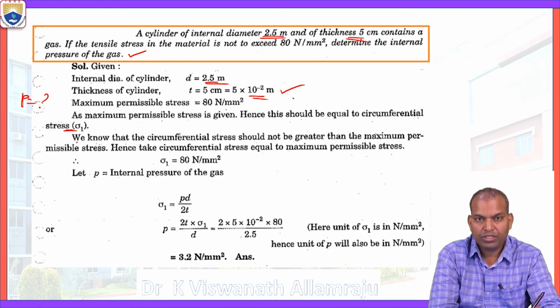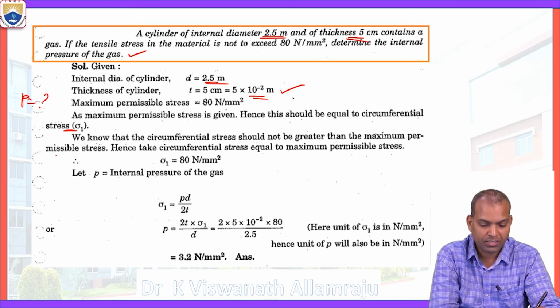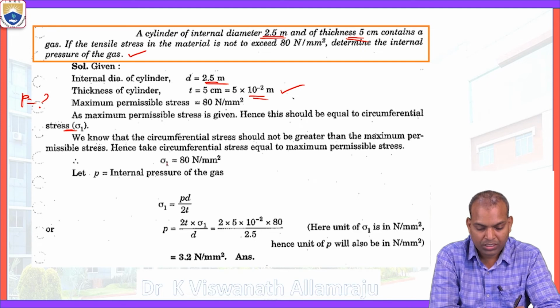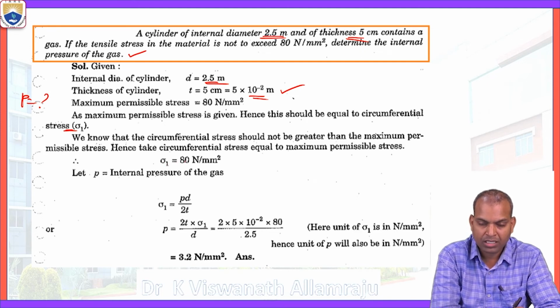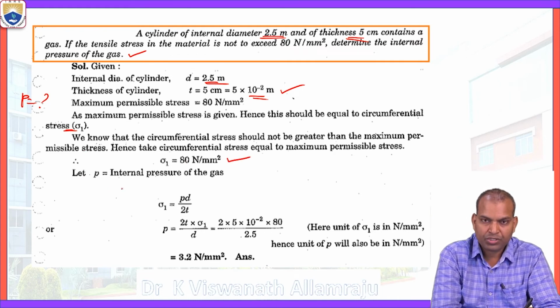Now we know the circumferential stress should not be greater than the maximum permissible stress. So sigma 1 is 80, the maximum permissible stress, that is 80 Newton per square millimeter. P is the internal pressure of the gas.